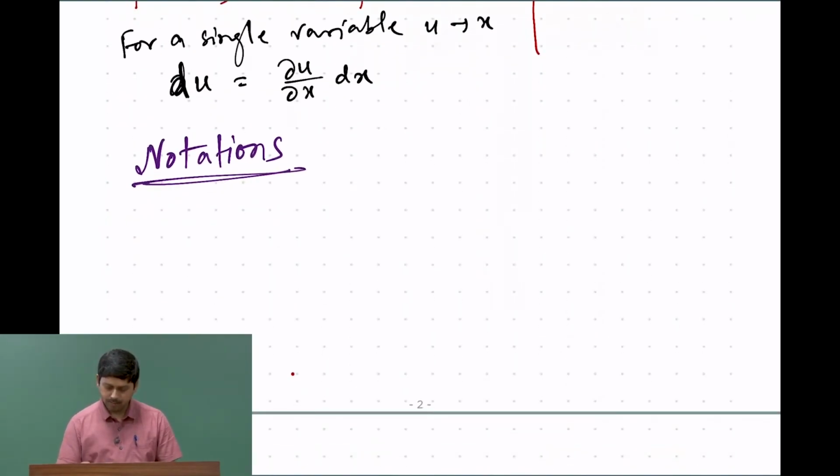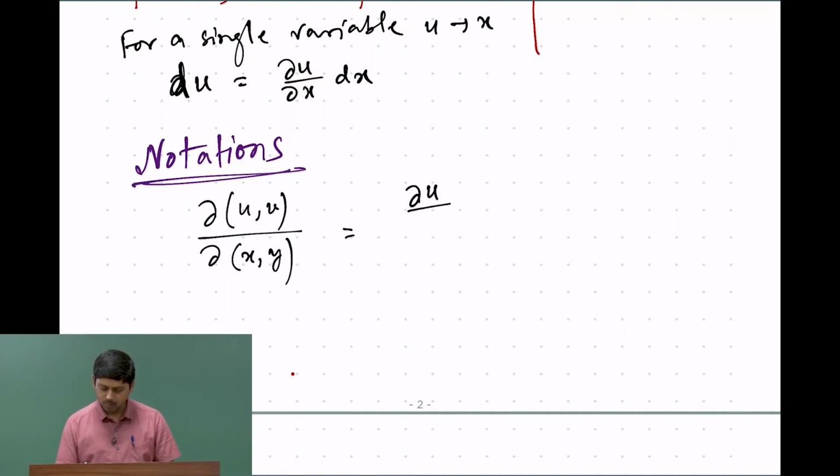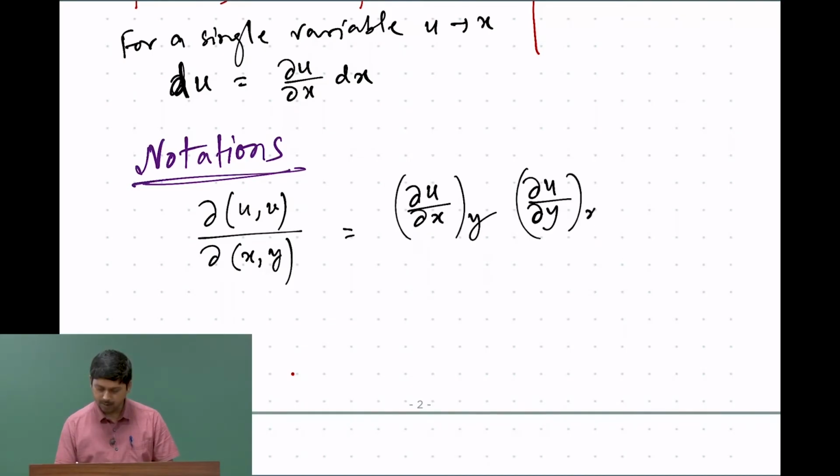One notation is that this matrix that we talked about, the Jacobian matrix, can be written in a much simpler form as this one. So, this means del u by del x at constant y, del u by del y at constant x, and then del v by del x at constant y and del v by del y at constant x.